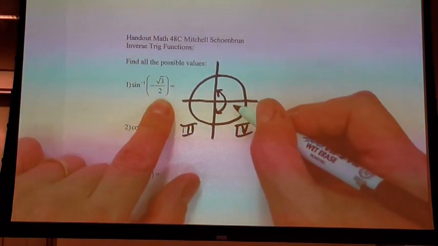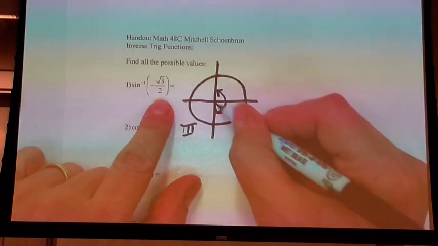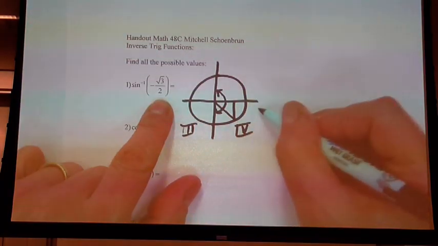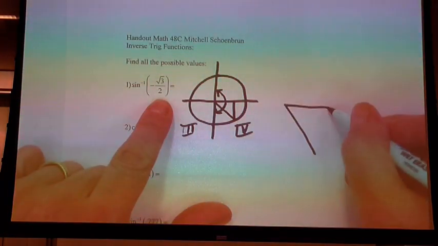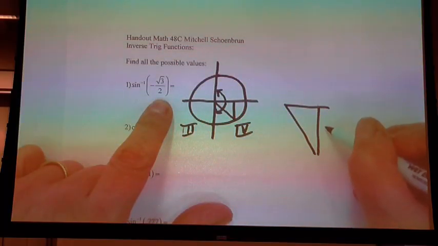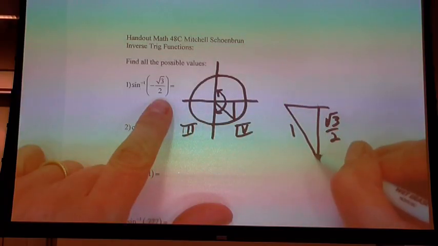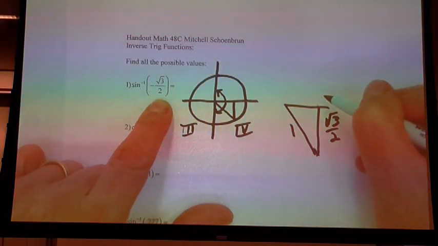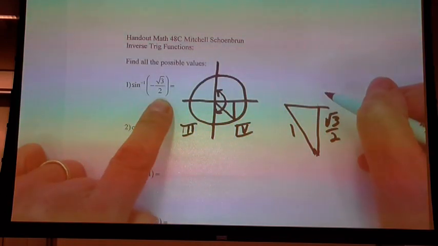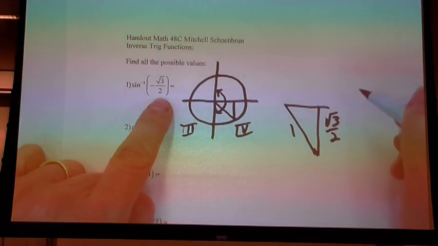So the sine value, for this triangle, is the square root of 3 over 2. Hypotenuse is 1. And again, you want to be able to recognize these things in your sleep. What's the third side, the leg?